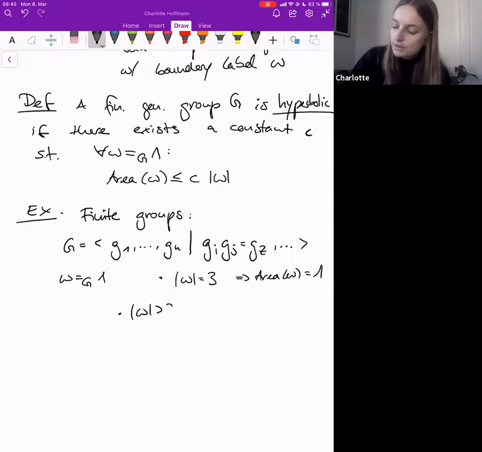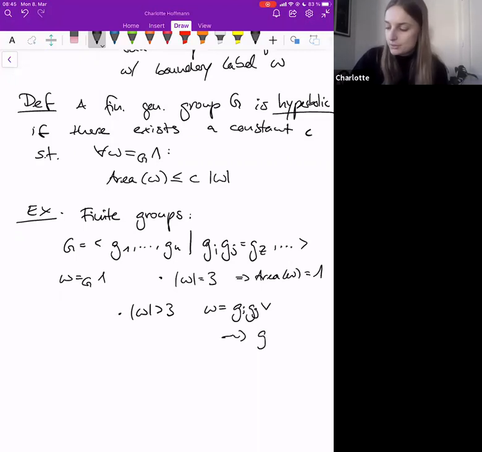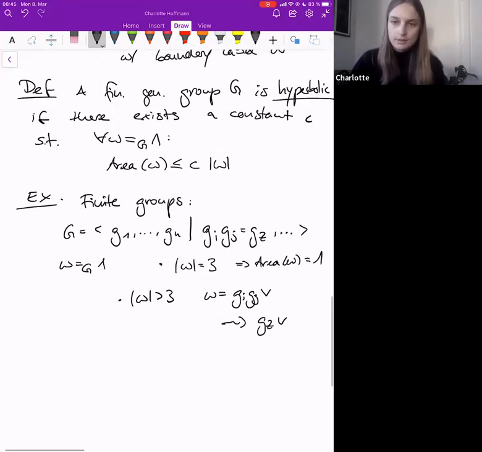Or if the length is larger than 3, then I write the word like this here, for example, and I just take the multiplication rule for the first 2 elements, and then I get some shorter word, and then I repeat until I arrive at a word of length 3.